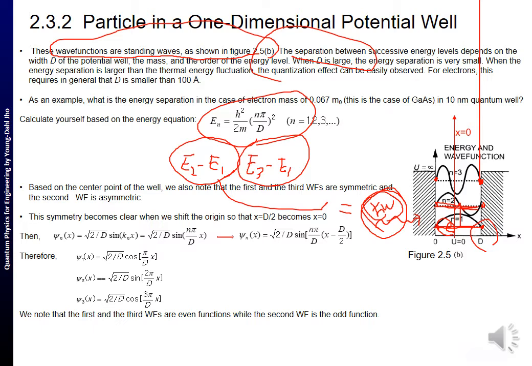Okay, absorption. And the energy separation between E2 minus E1 is usually on the order of 100 milli electron volts, or sometimes we can control that energy depending on the value of d.